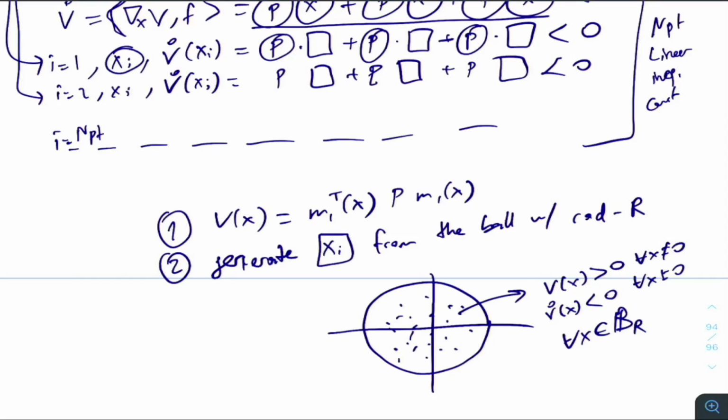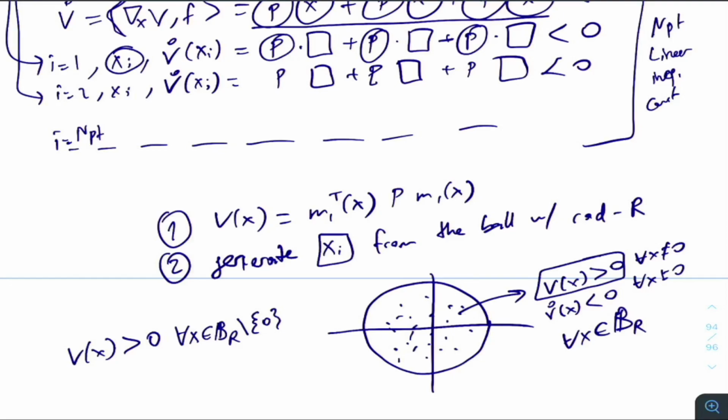This V(x) is only greater than 0 for x in B_r excluding the equilibrium point.